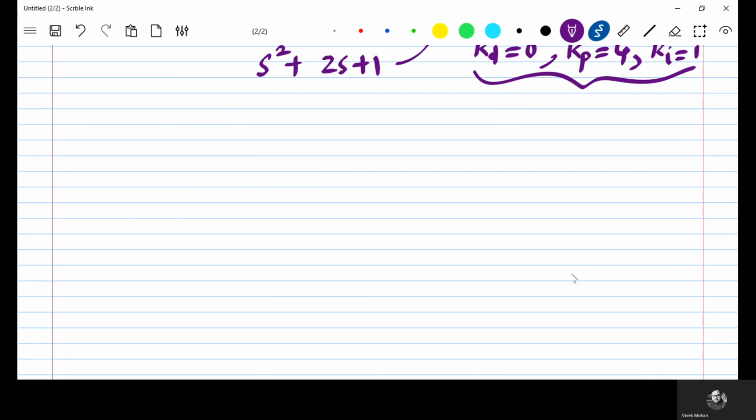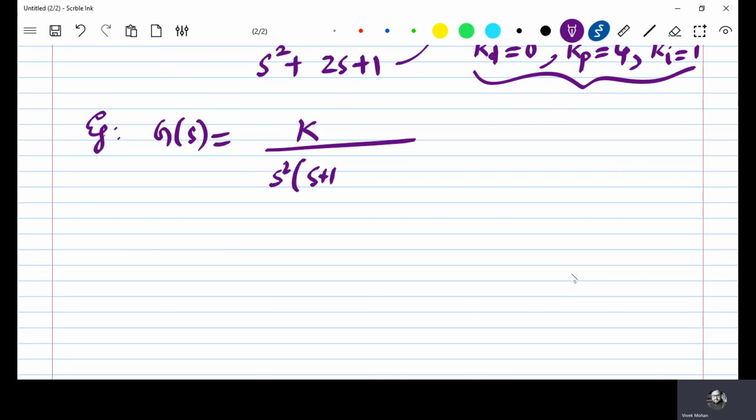Now, another example: G of s equals K divided by s squared into (s plus 1) into (s plus 2), for H equals 1.